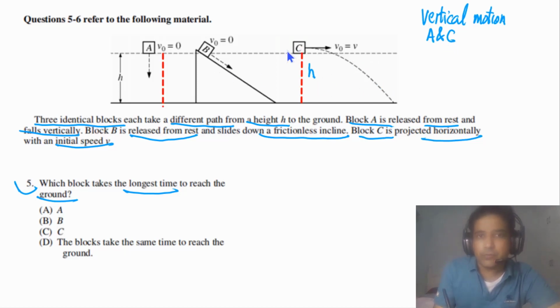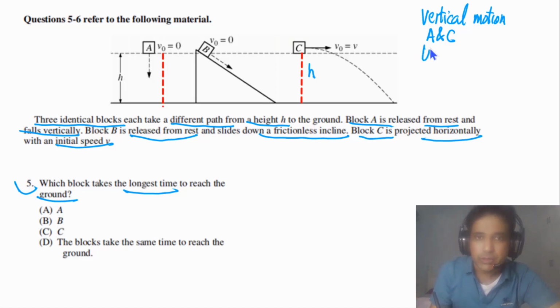The initial vertical velocity of block C is 0, because it is projected horizontally. Initially it has no speed along the vertical direction.